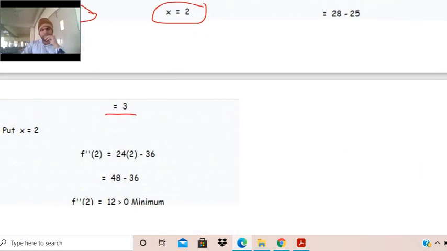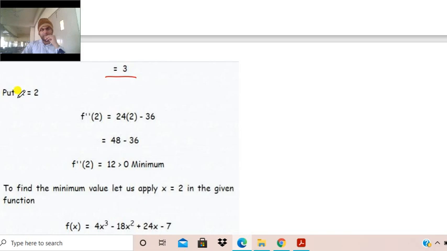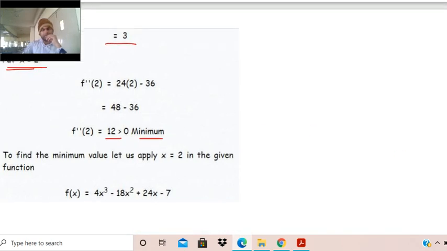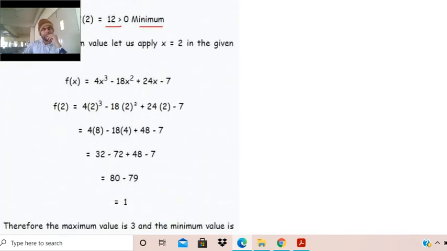Then we take the second point, that is x is equal to 2. Now we put value x is equal to 2 and we get value 12, that is greater than 0. So it is minima at this point. So now we put the value of x is equal to 2 in the question that is given to you, and you will get the minimum value, that is 1.